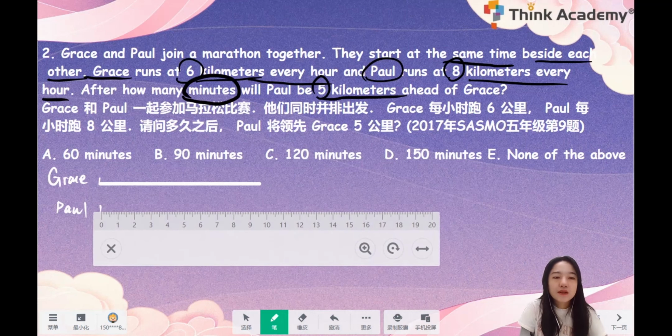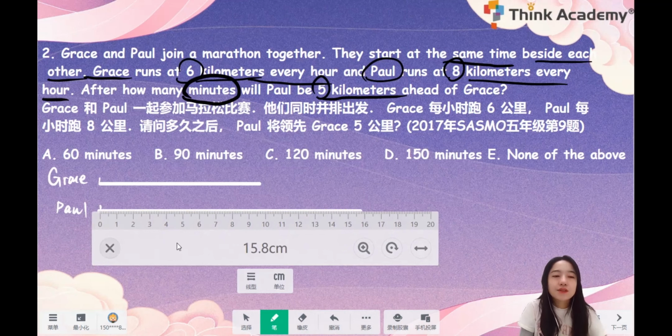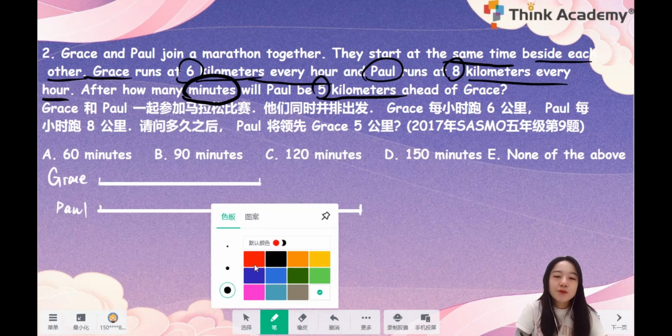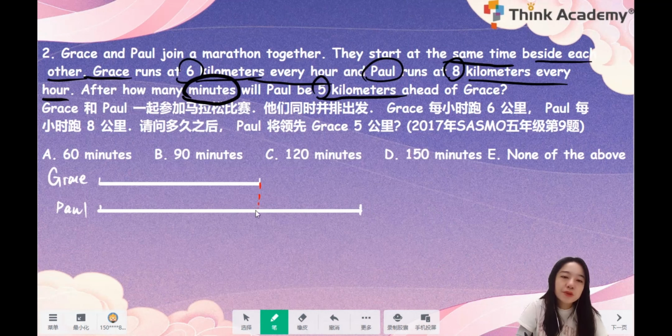But Paul travels faster, a longer distance every hour than Grace. So finally, after they travel the same time, Paul will travel a longer distance. We want to know when the difference between their distance is 5 kilometers. How many minutes does that take?